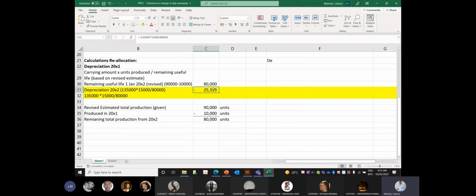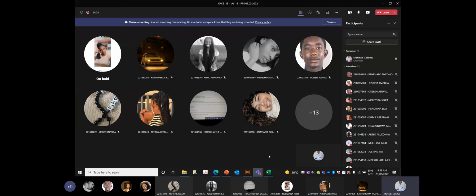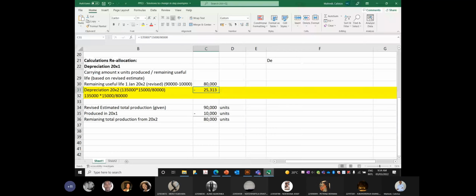Is that clear? Okay, I assume that is clear. So once you've calculated the depreciation for 20X2, the question... Sir? Yes, go ahead.